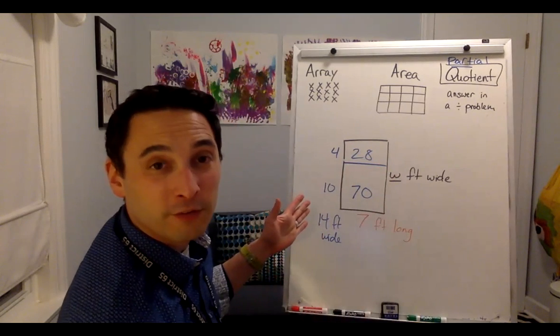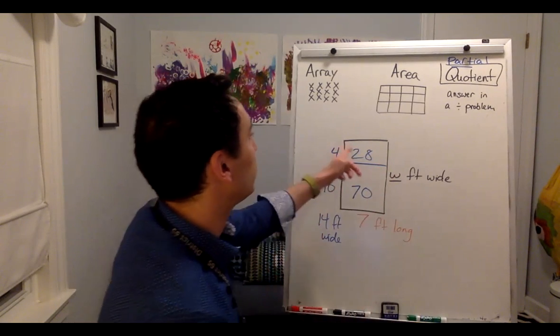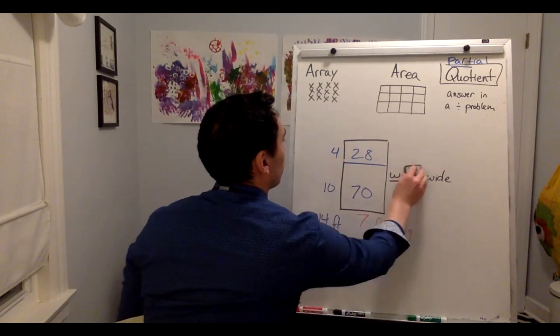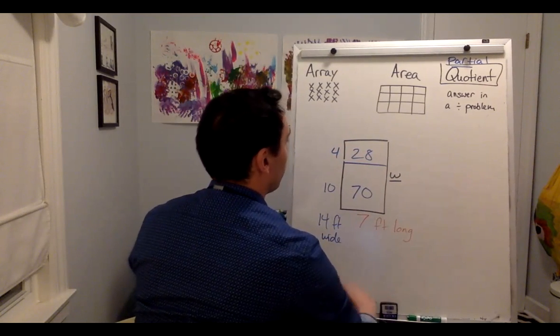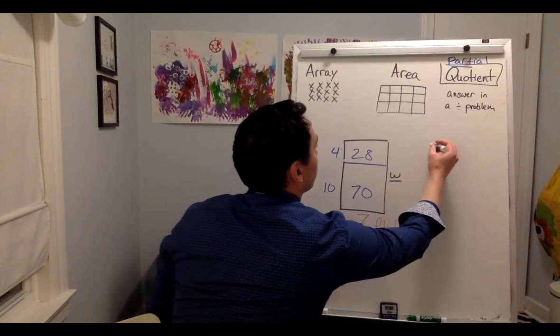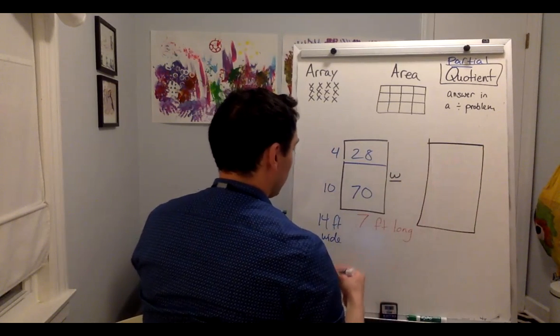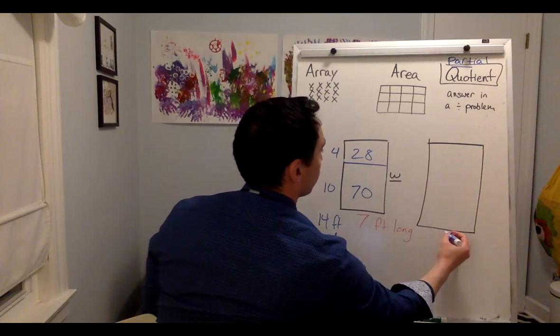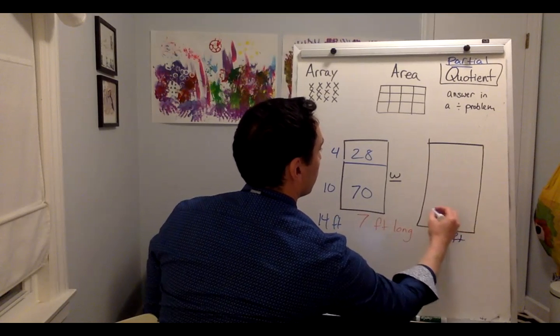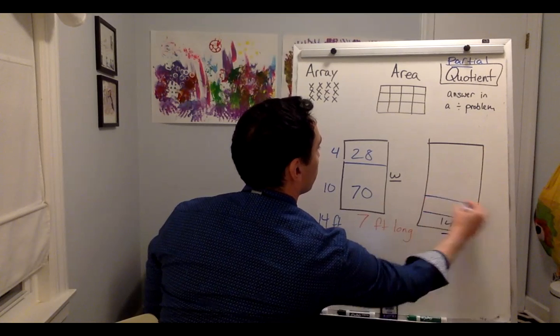If you're not sure if your answer is right, you can always do another box, another rectangle, another area, and try to do it a different way. Maybe you want to divide it up into 14s. This is still 7 feet long. You can do your 14s.